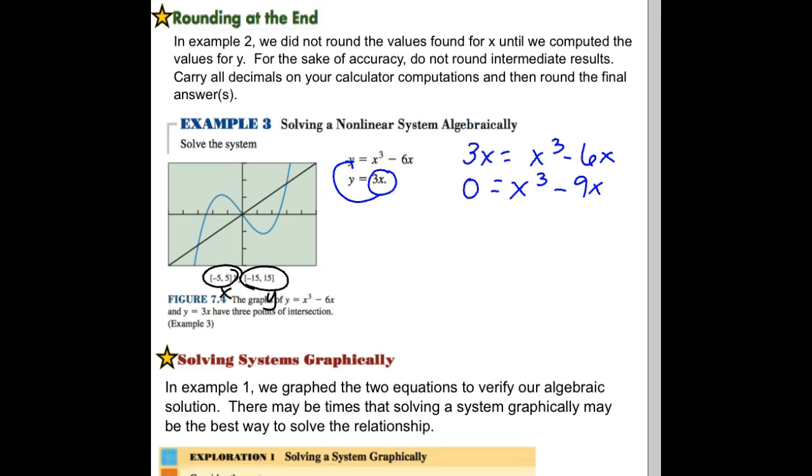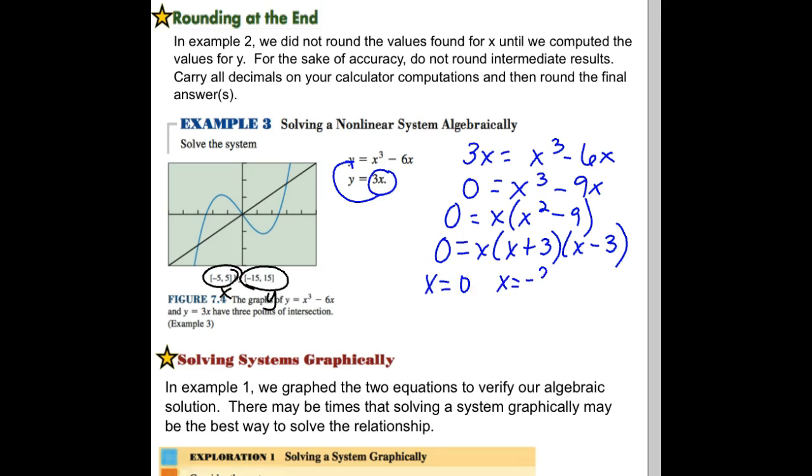And then what could we do? Good, we could factor an x out. That leaves me x squared minus 9 as the other factor. Can we factor that again? What do we get? So solutions for x: x could be 0, x could be -3, and x could be +3.